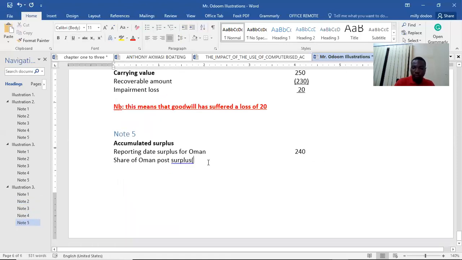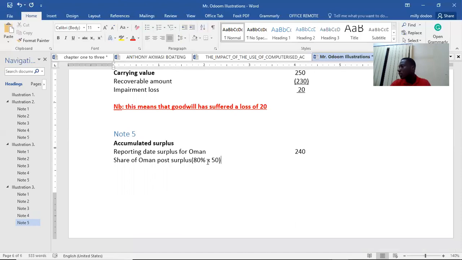So 80% multiplied by the 50. 80% of 50 should give you 40. Yes.